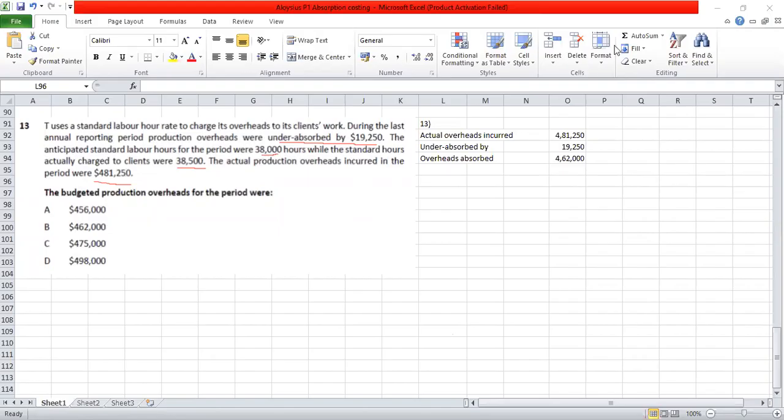So how do we calculate? I'll put it here. This would be based on overhead rate into number of hours.